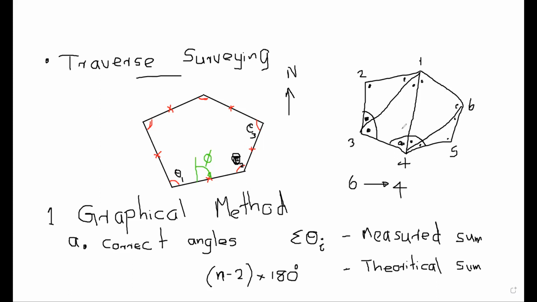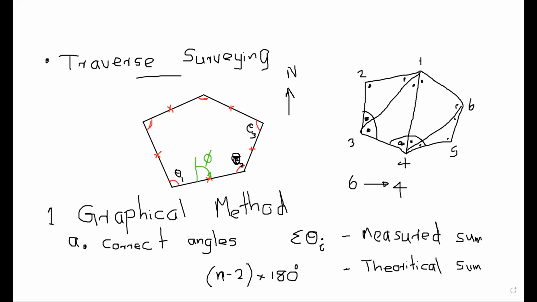So we are going to correct our measured angles. For that, you have to have the measured value and the actual value. The actual value is n minus 2 into 180. Then the difference can be taken in 2 ways, 1 minus 2 or 2 minus 1.